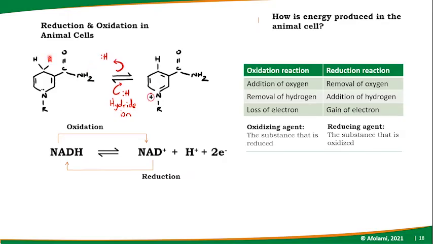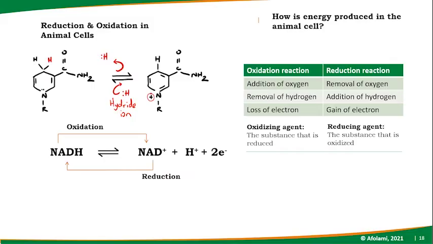Okay, so how do we see what is happening with the electrons? I mean, it's obvious how hydrogen is added in one and removed in the other, but what happens in the case of electrons? Now, we understand oxidation as loss of electron.